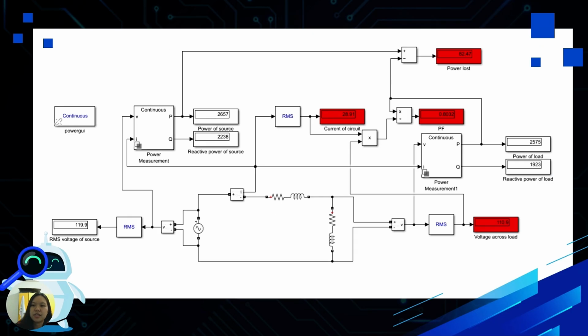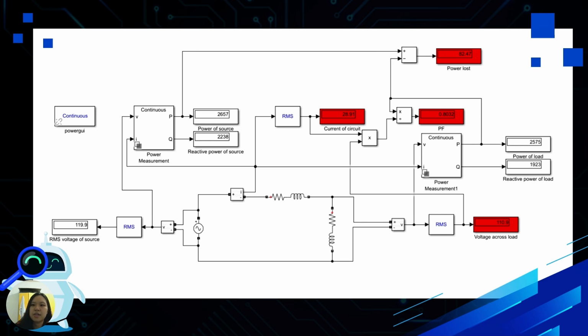After designing the simulation circuit, we start running and simulating the circuit. It shows the power of source and reactive power of source are 2657 watts and 2238 volt ampere reactive, whereas the power of load and the reactive power are 2575 watts and 1923 volt ampere reactive.